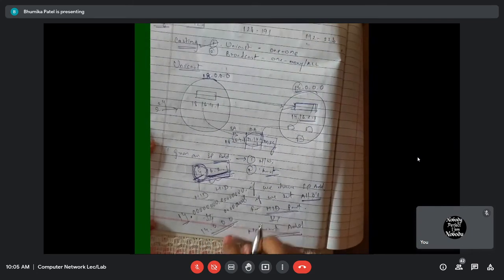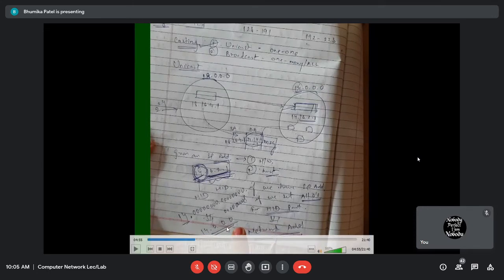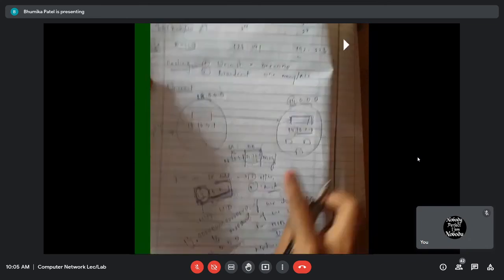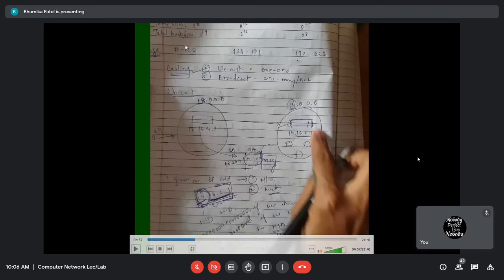If I convert it into decimal, it becomes 14.0.0.0. That is nothing but the network address. As I said, every network has an IP address. So to get the network address, we keep the first 8 bits as it is and make the remaining 24 bits 0.